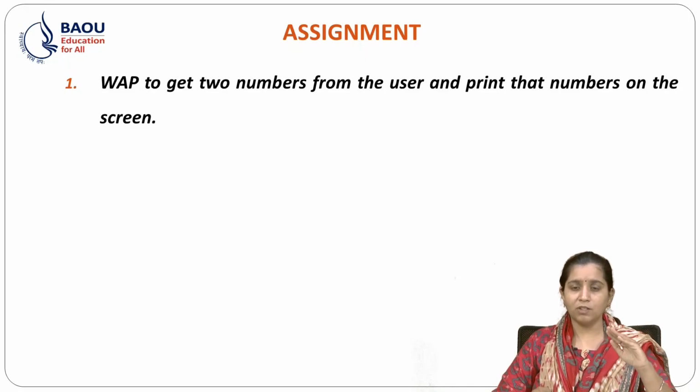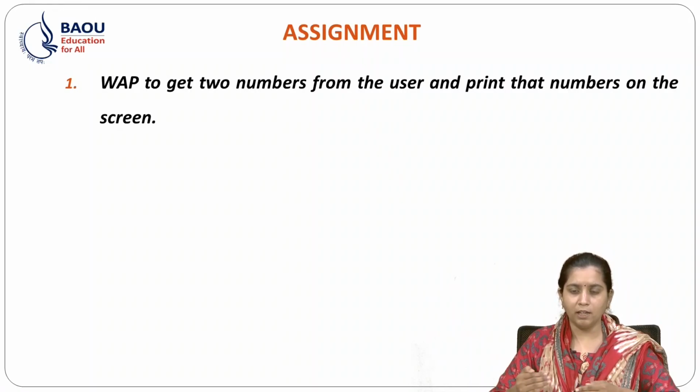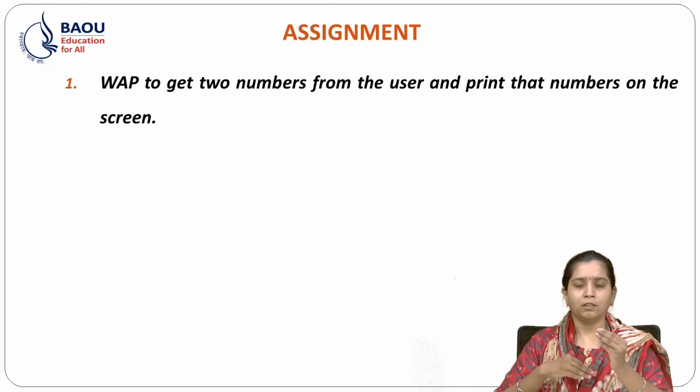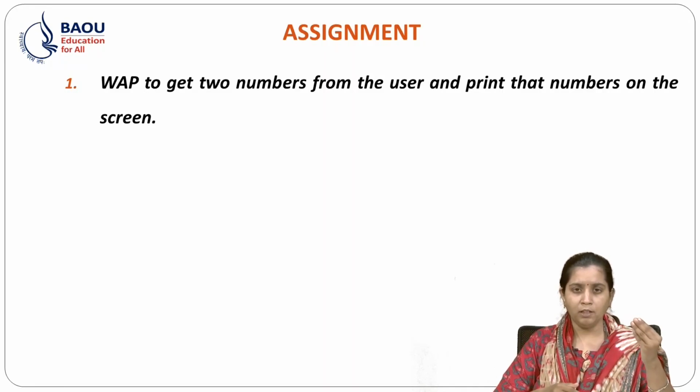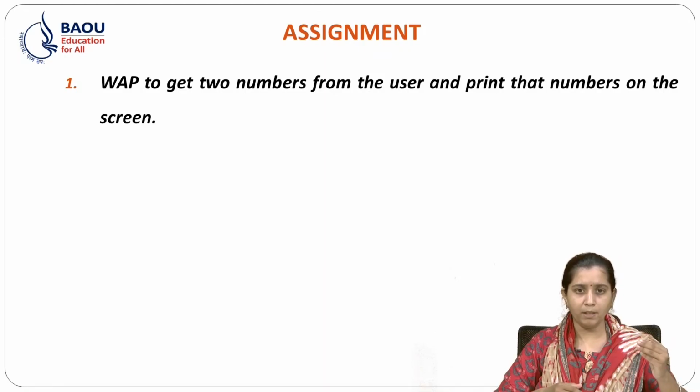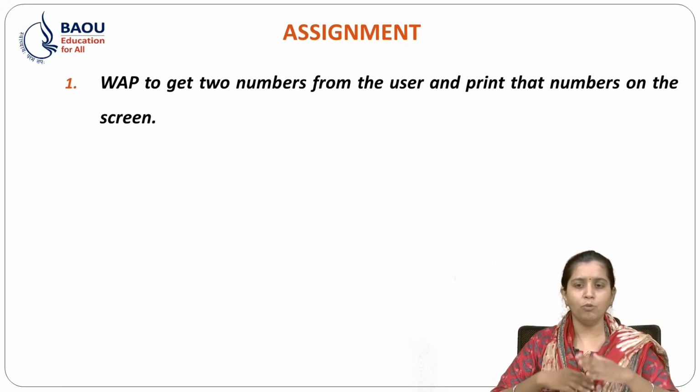After that, you simply get the input from the user using the cin object and print those numbers on the screen using the cout object, so that this will give you the idea about how you initialize variables and what the data types of the variables are. After that, you will get the idea about how cin and cout statements are used in the C++ language.